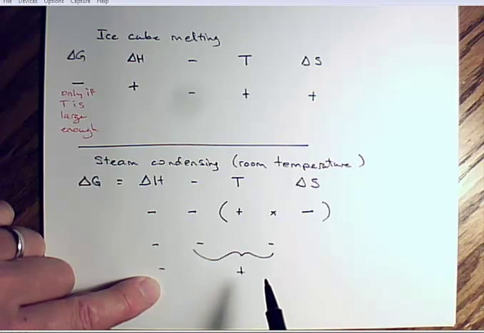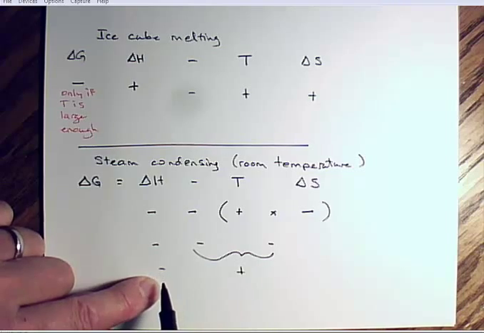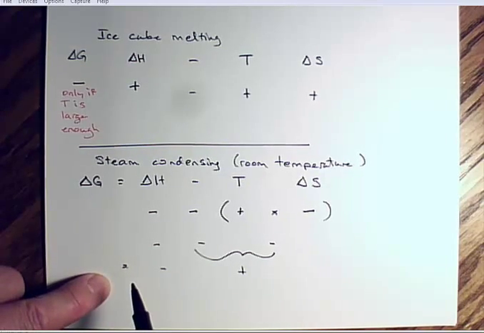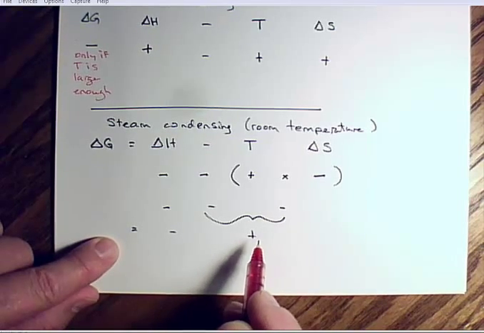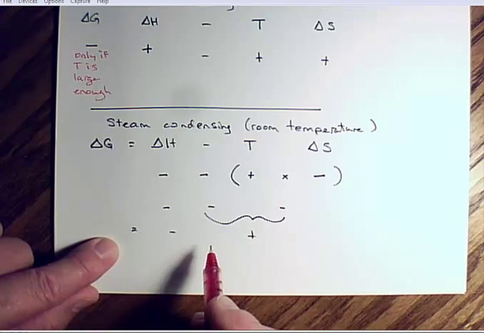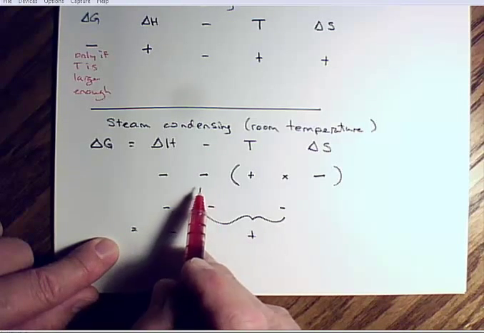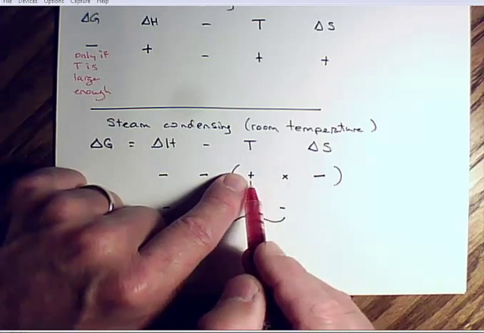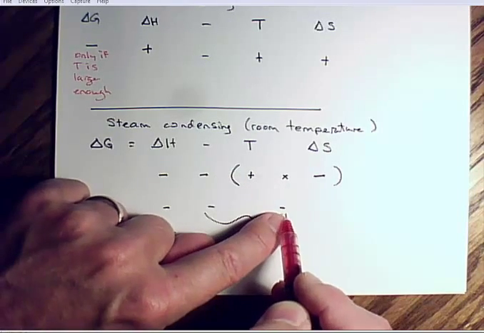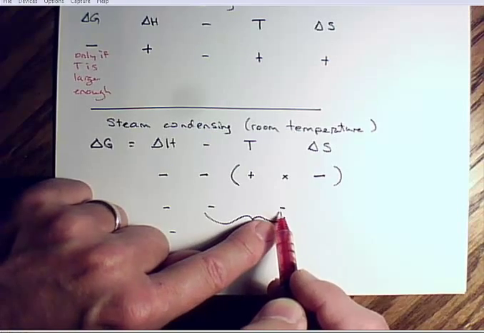So when is this going to be spontaneous? Only if this is small enough? Large enough. Okay. So a positive term times a negative term gives you a negative term, and we're subtracting a negative term.